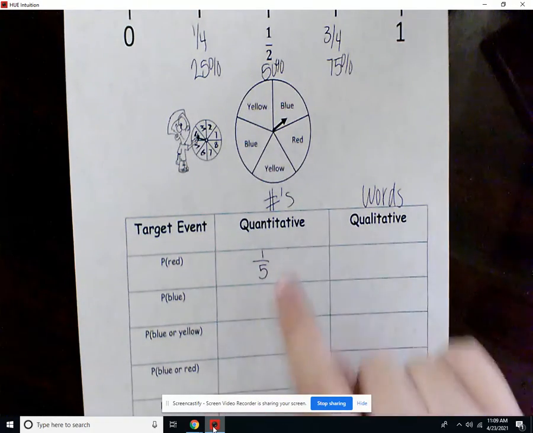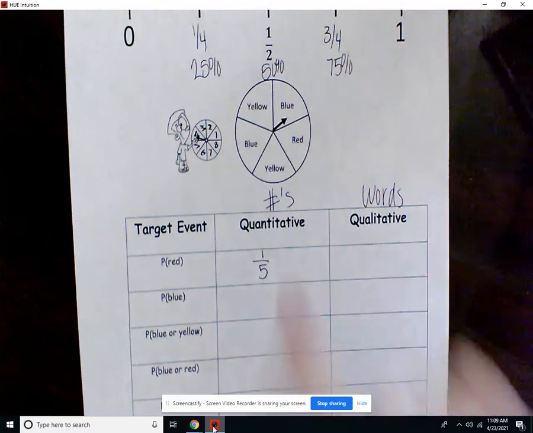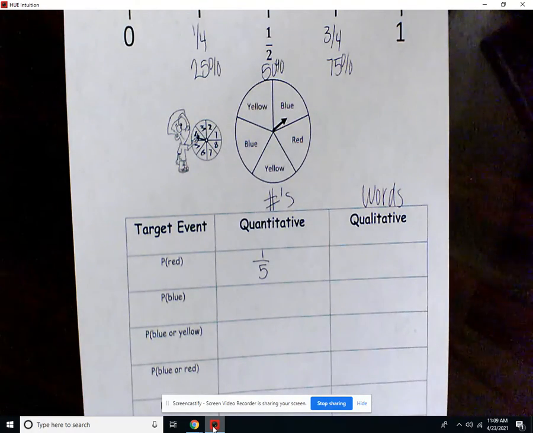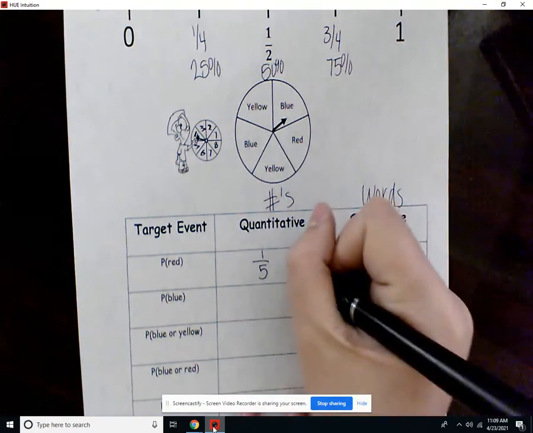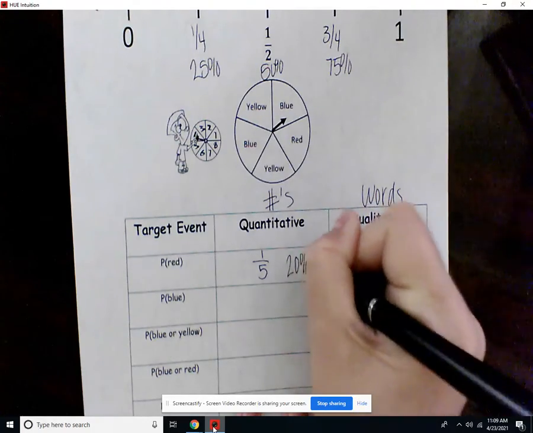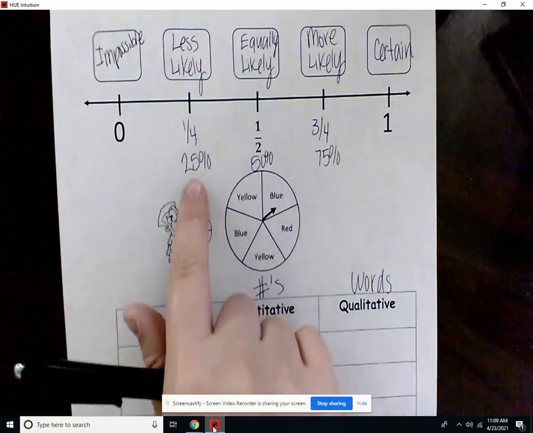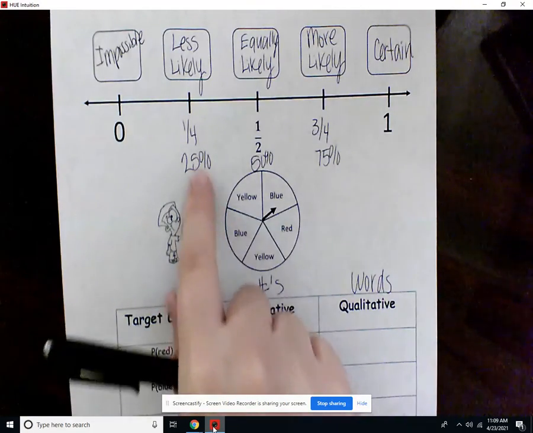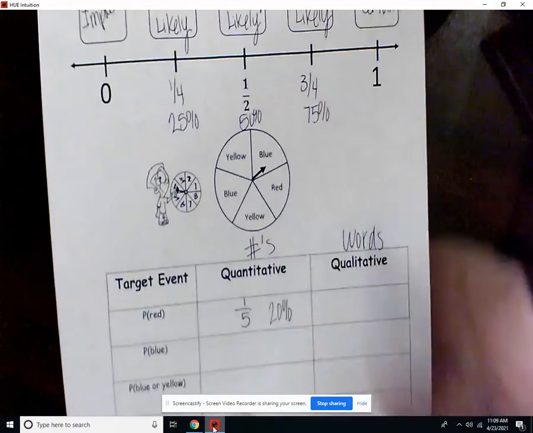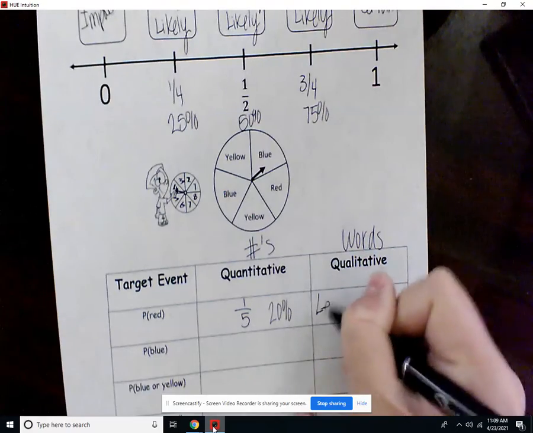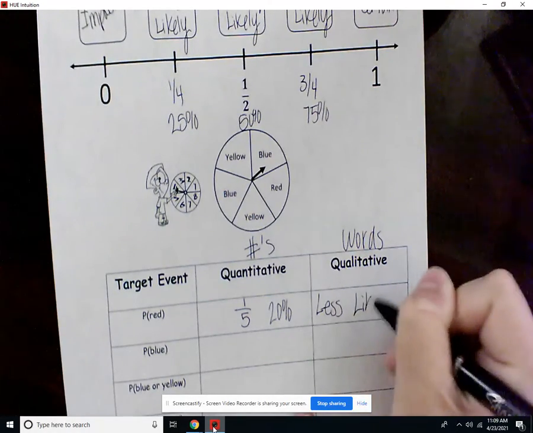So probability is written as a fraction. So that's where we get the 1 out of 5. And 1/5 is 20% as a decimal. So when I go back and look at my chart, 20% is close to 25. So in words, this event is less likely.